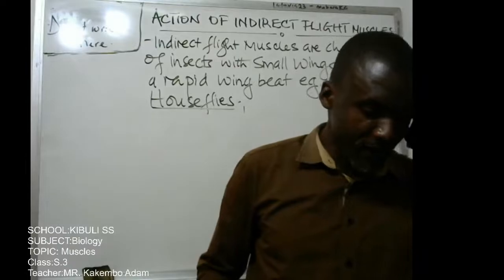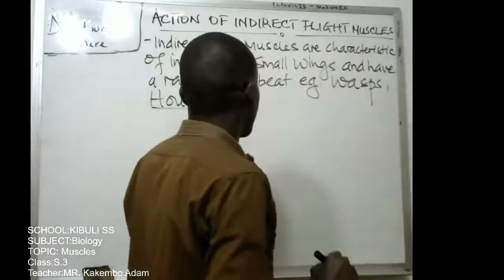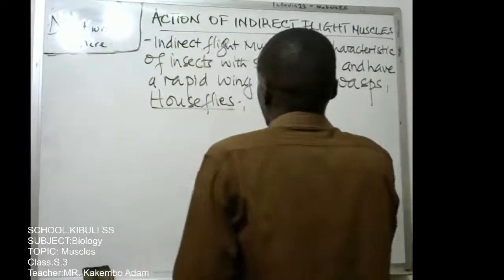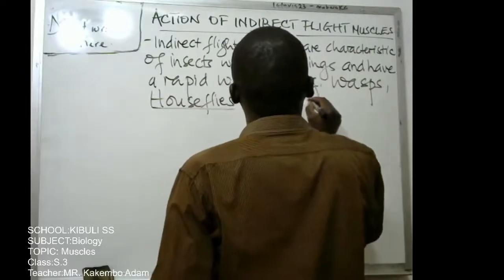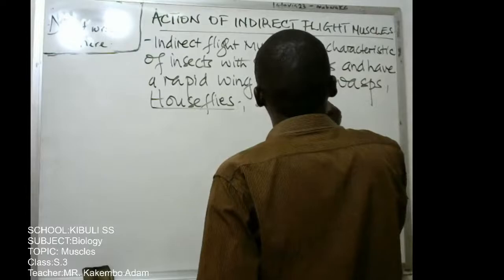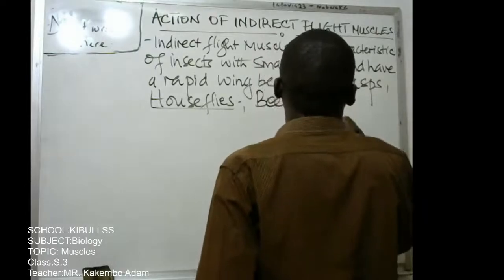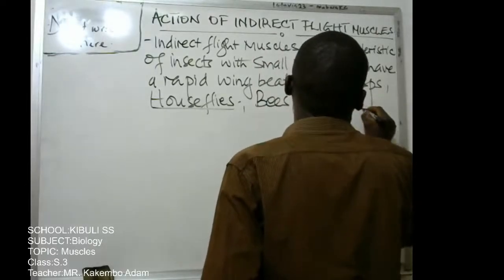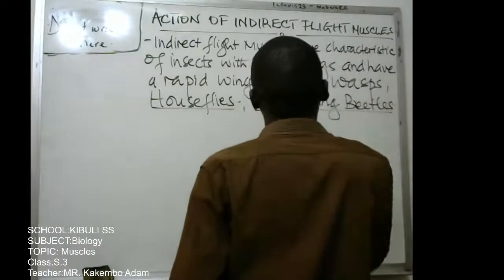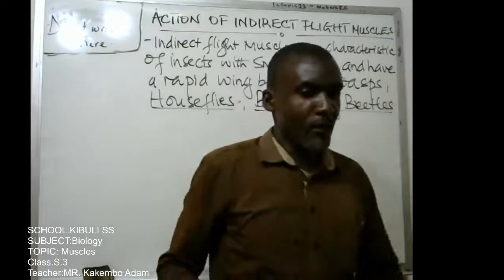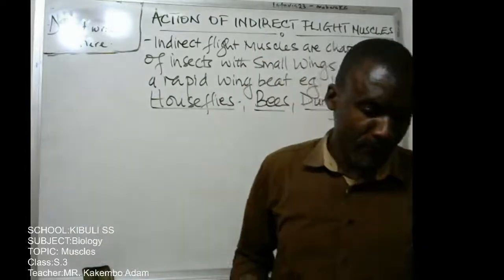Those insects have small wings or short length wings. You can also cite the beetles, the dung beetle or dung roller. Such insects have wings that are small in size, and they are always in rapid motion.